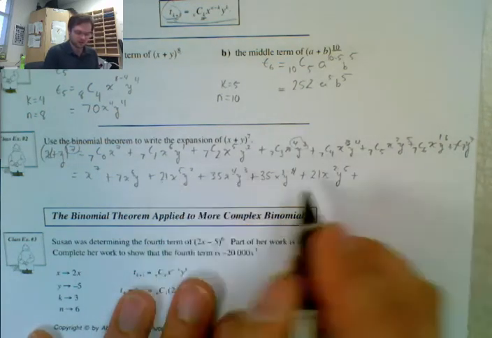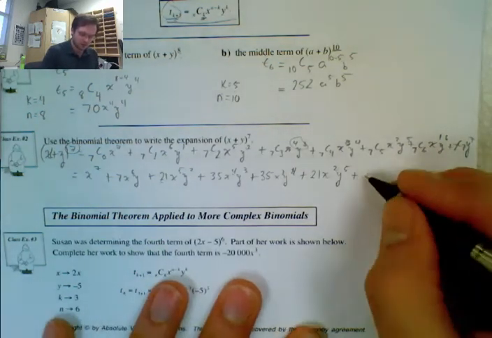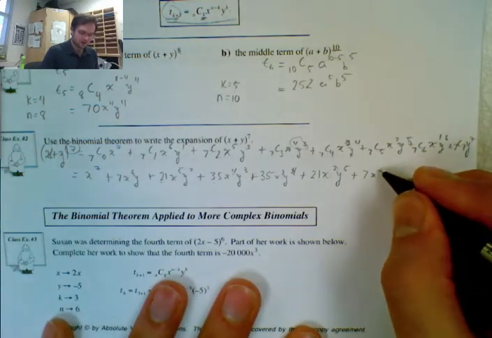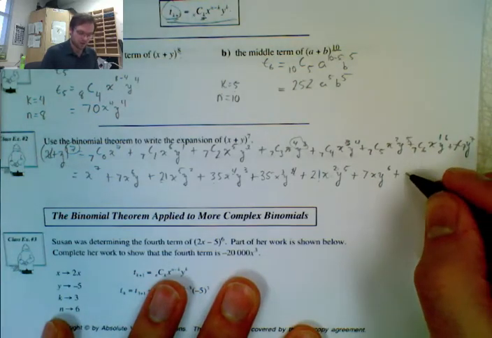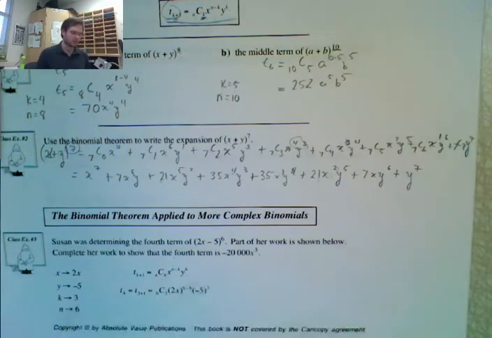Notice how this is the same as that, they're just reversed, plus 7 x y to the 6 plus, then we're going to have y to the 7. So that's all it is.